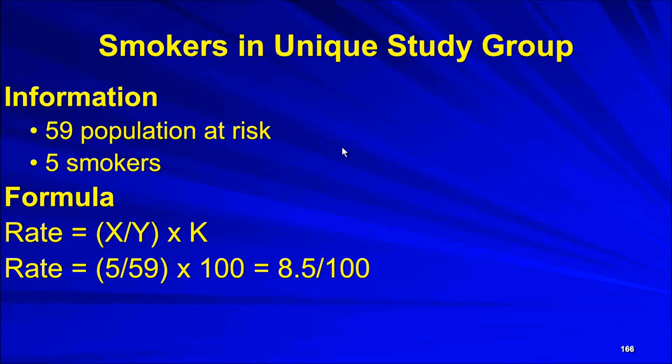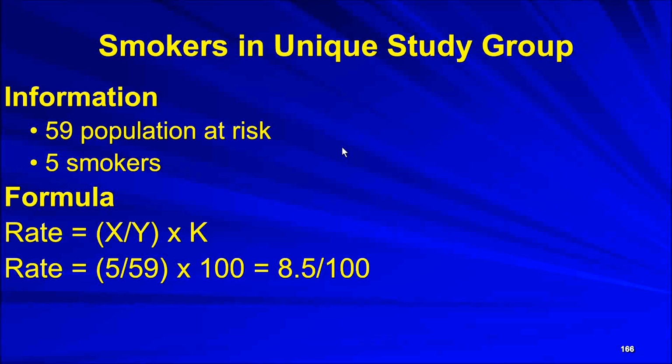We're looking at a unique study group, and this is something that you might do under any number of occasions. So we'll start here, and then I'll expand your thinking as we go. We have 59 people in the population. We have 5 people of those 59 who smoke. Okay, so those 5 smokers are embedded in those 59 people.